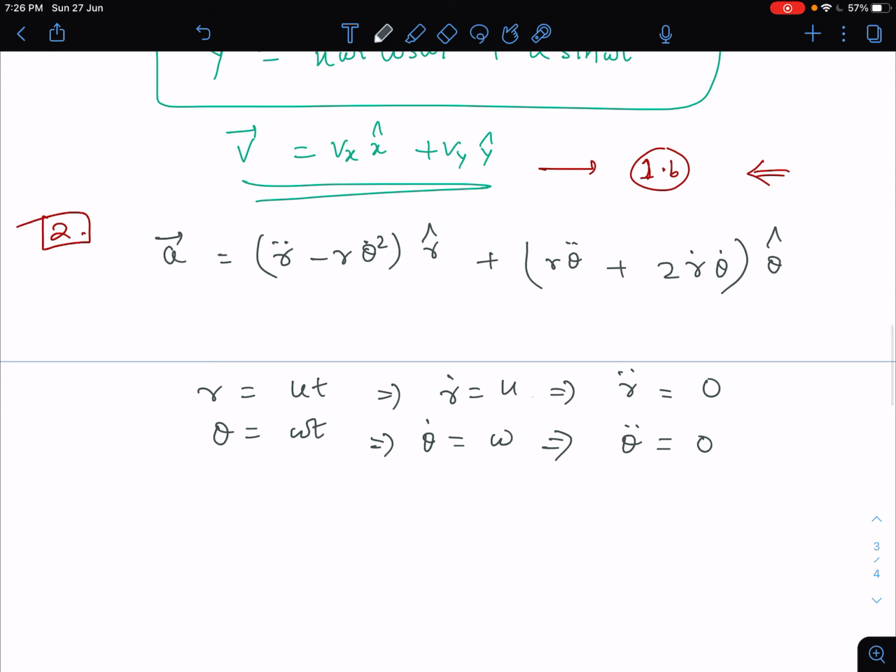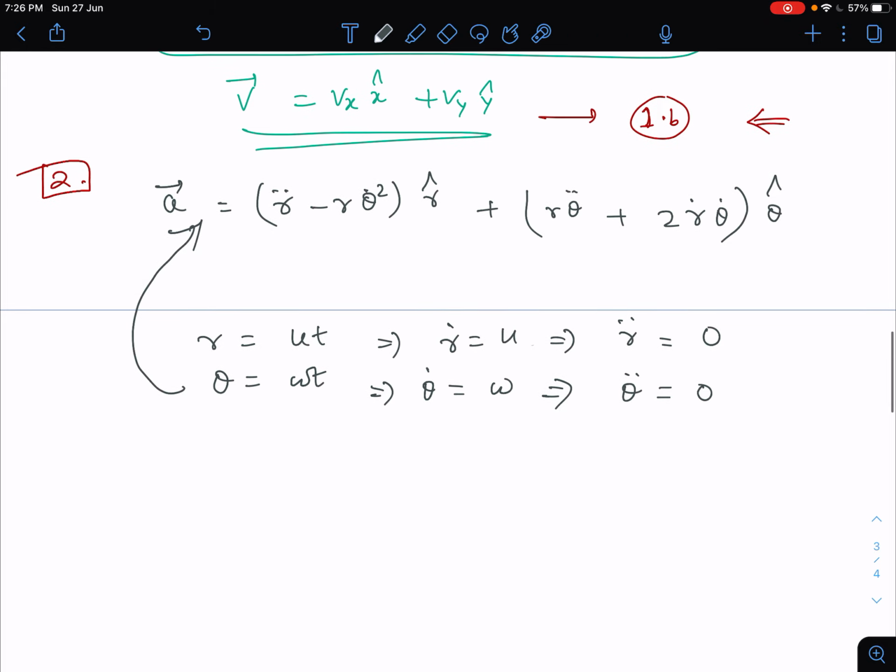If you apply these conditions in the expression for acceleration, you get minus omega square ut r cap, since r is ut, plus 0 for r theta double dot, plus 2 r dot theta dot, that is 2 u omega theta cap.